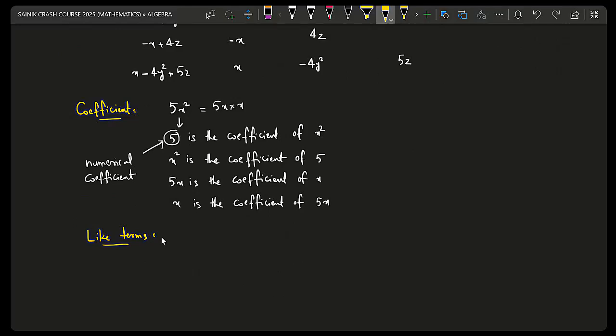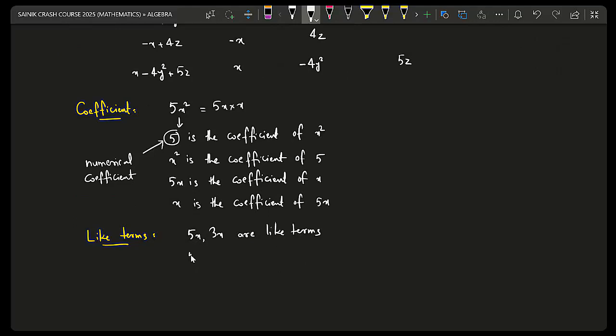For example, I have 5x and 3x. What is the literal coefficient in this? x. And in this? x. If the literal coefficients are the same, then we call them like terms. So 5x and 3x are like terms.